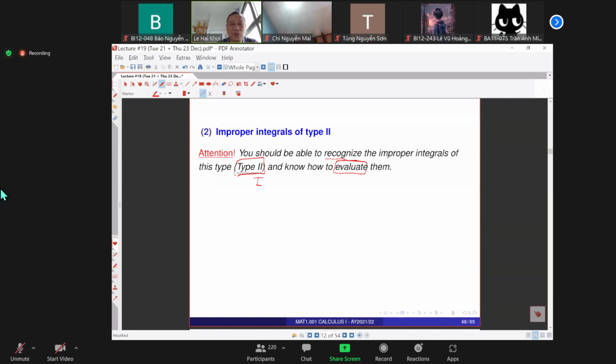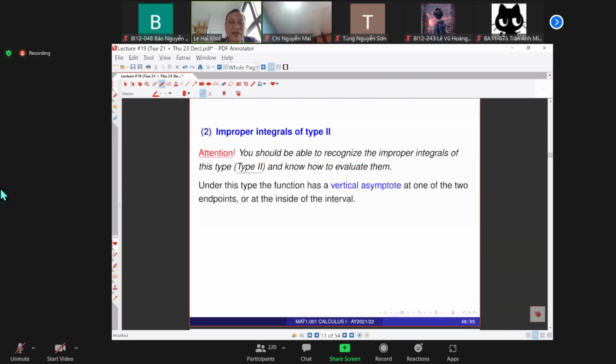Type 2 means that the function under the integral, f(x) dx from a to b, has a vertical asymptote on the interval [a,b] at one of the two endpoints.